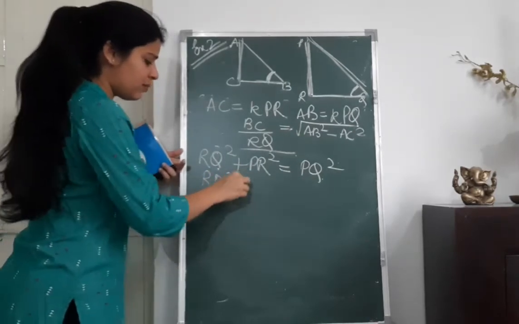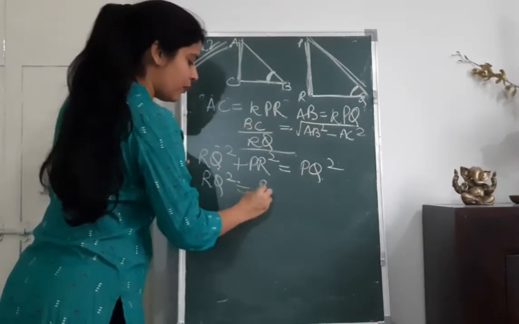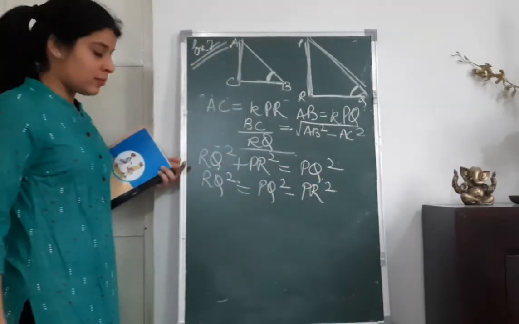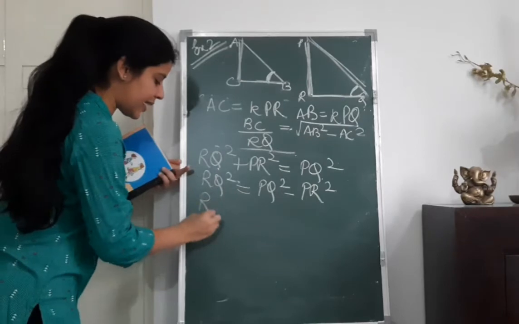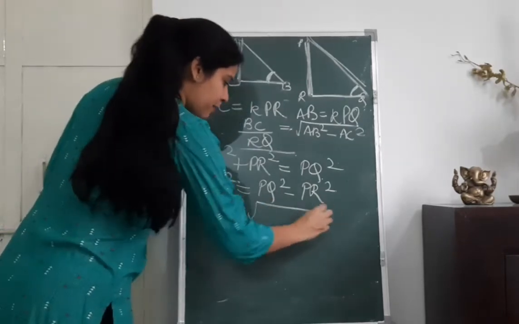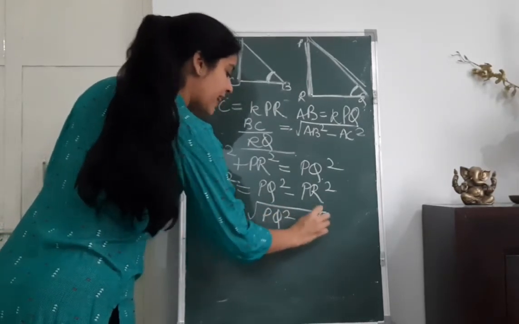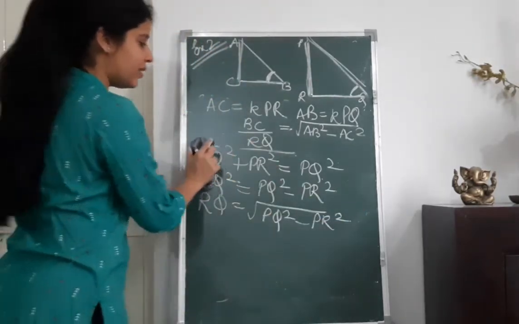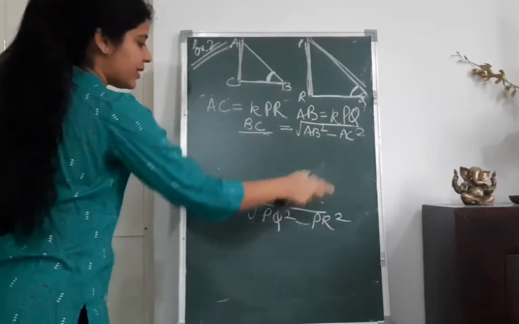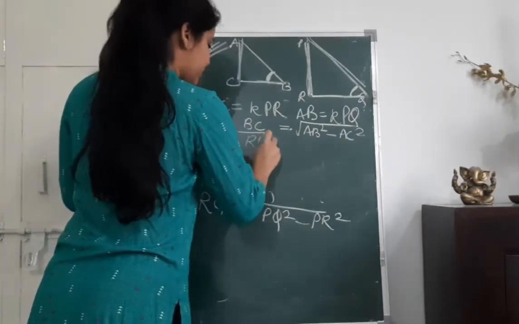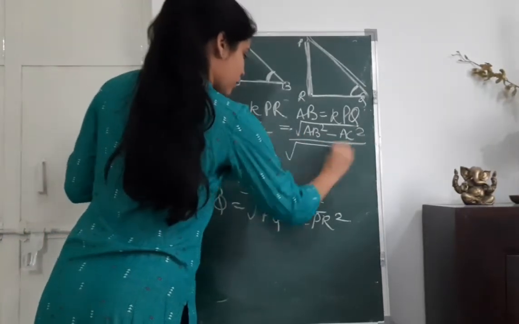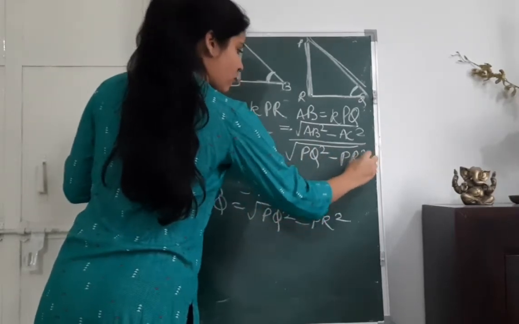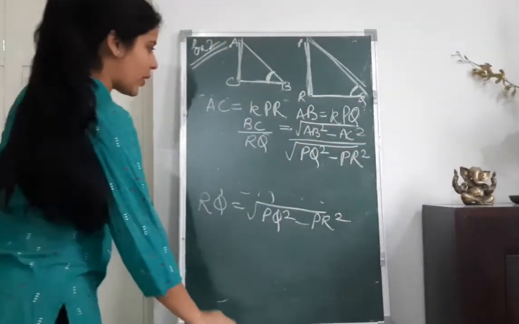So I have RQ square is equal to PQ square minus PR square. Now again taking roots on both sides, I will get RQ as root of PQ square minus PR square, right? So let's put this here. RQ is equal to root of PQ square minus PR square.